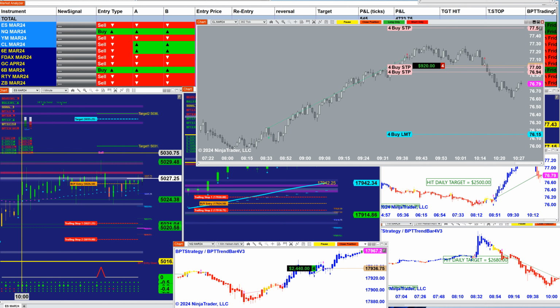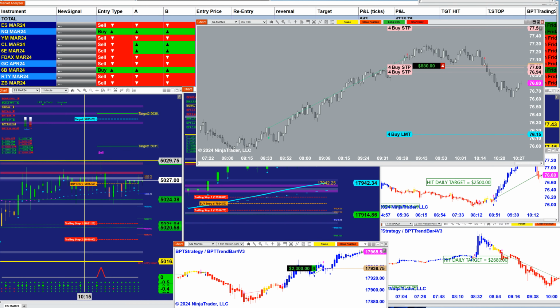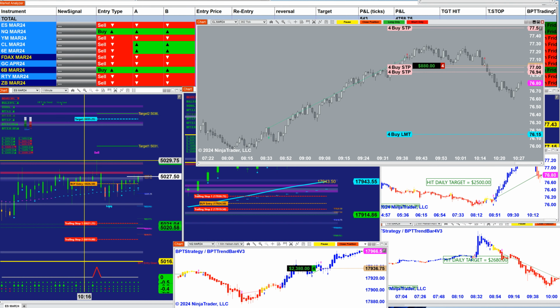Again, we still need to see the ES going above the 5,029, as we said before, before the market really changes condition and all will be to the long side. So right now we have an unbalanced market between the ES and NASDAQ.